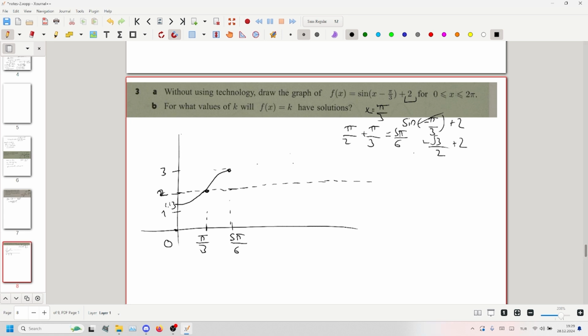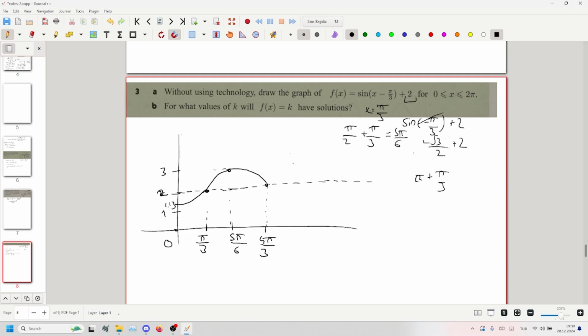The next important value would be pi. At pi, sine will be equal to 0. So this is going to be pi plus pi thirds, which is 4 pi thirds. So it'll be here at 4 pi thirds.